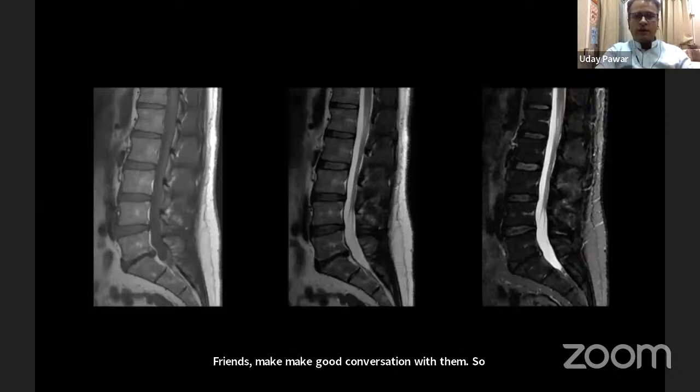Briefly, we know there are T1, T2, and fat STIR images, wherein you suppress the fat signal and see if any lesion lights up. On your left-hand side is a T1 image where the bone is seen a little brighter than the disc space.